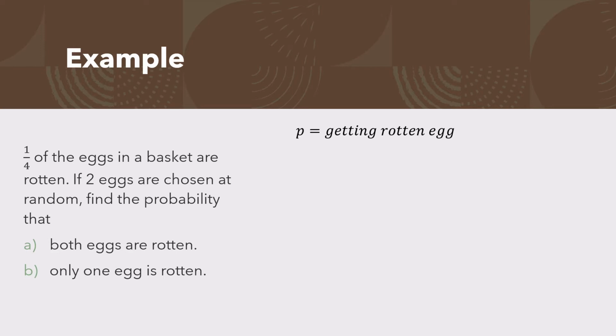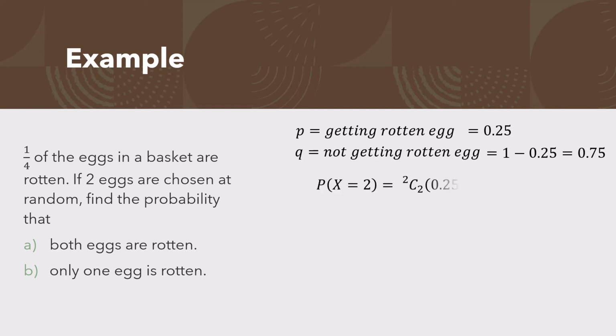So p is the probability of getting a rotten egg, which is 1 over 4. Converted into decimal, we get 0.25. While q is not getting a rotten egg, the probability of failure, which is 1 minus 0.25, giving 0.75.